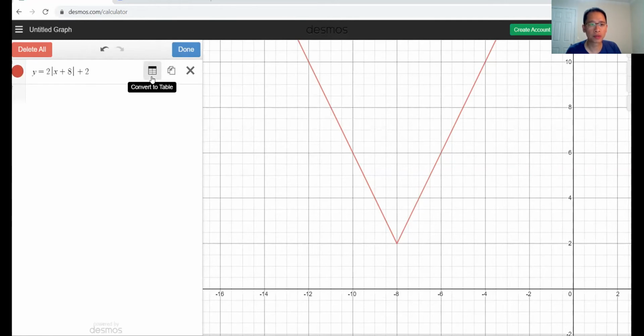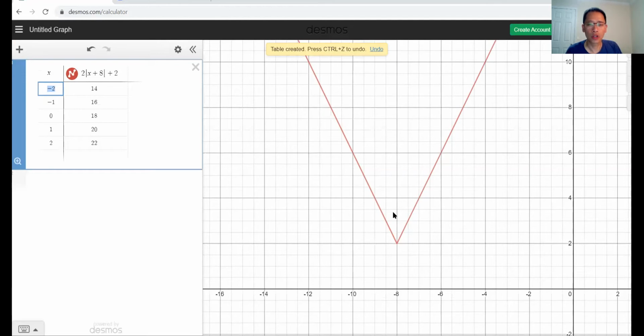We'll convert to table, and we're going to choose values that we see here. We're going to try to choose values in the -5 to -10 range, and I'll show you why in a minute. Right now I'm just going to pick out values between -5 and -10.